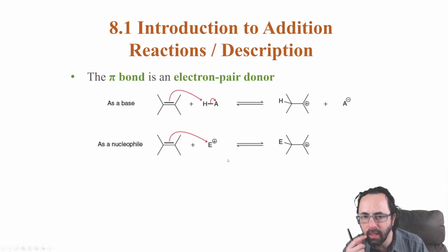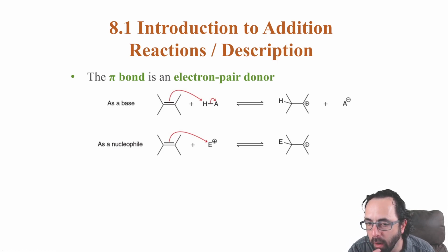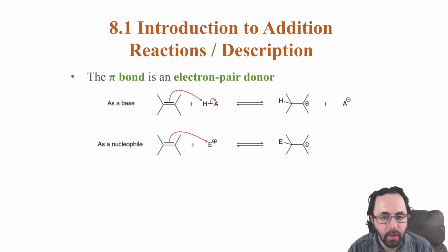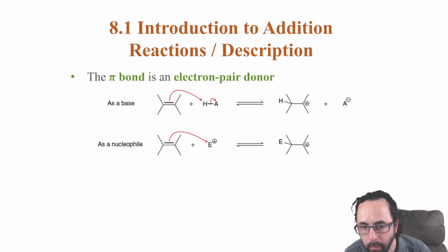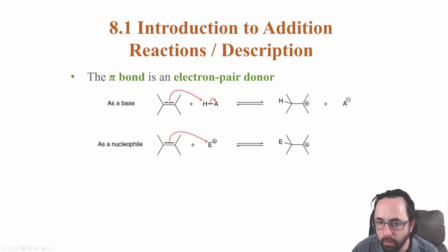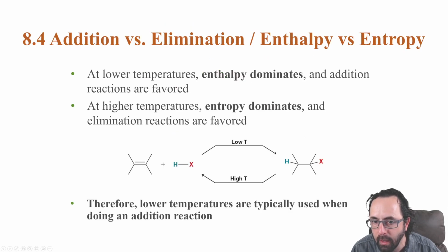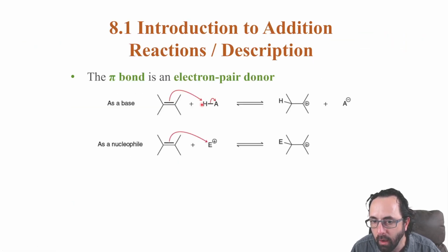In the case of pi bonds, it's important to remember that pi bonds are nucleophiles as well. Those electrons in the pi bond are weakly held, so they can be given away to create a bond. The way we write the arrows for this is we start with the double bond, and we move towards either the proton, if we're doing a proton transfer, or some other type of electrophile.